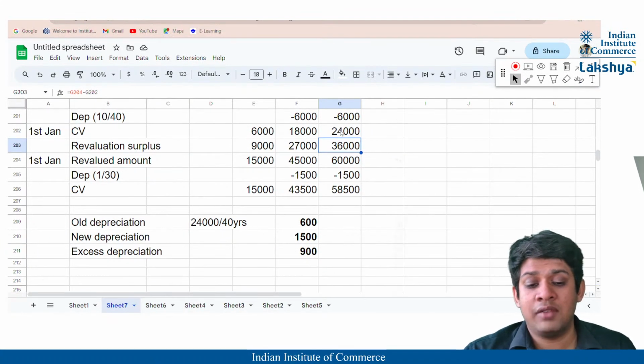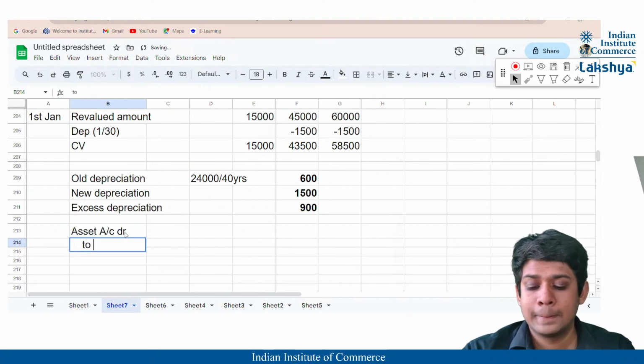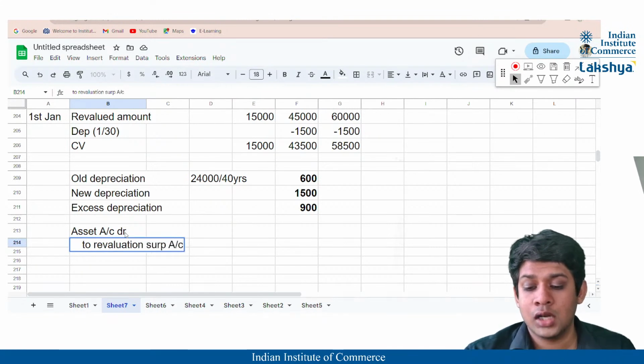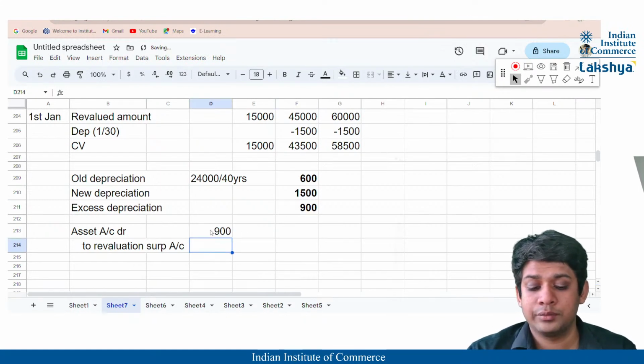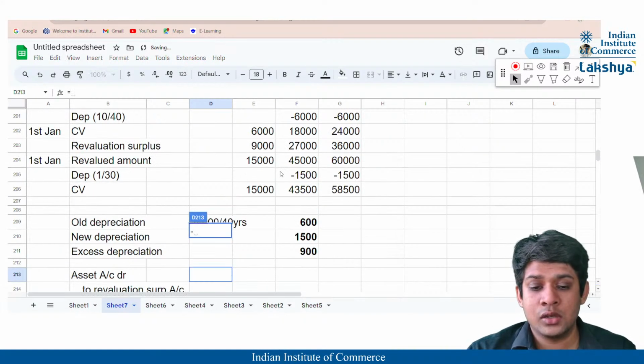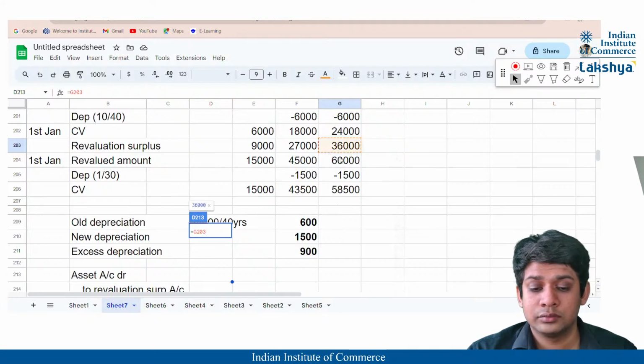This 36,000 revaluation surplus is stored as property account debit to revaluation surplus account, credit. That is 36,000 and 36,000. That is my revaluation surplus, correct?